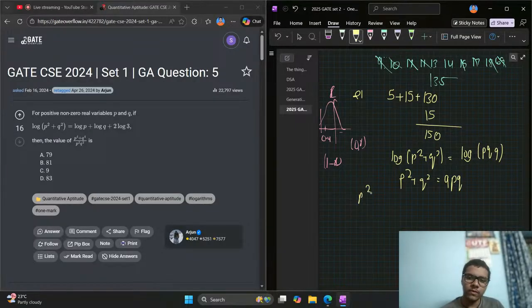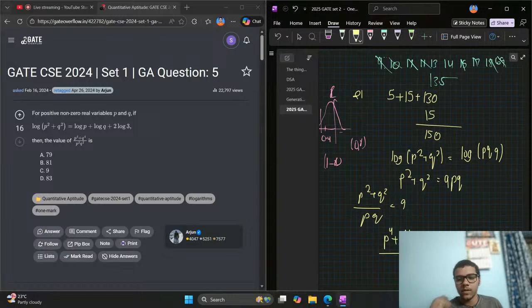So p square plus q square by pq is equal to 9, and if you square both sides, p power 4 plus q power 4 plus 2 p square q square by p square q square is equal to 81, right?